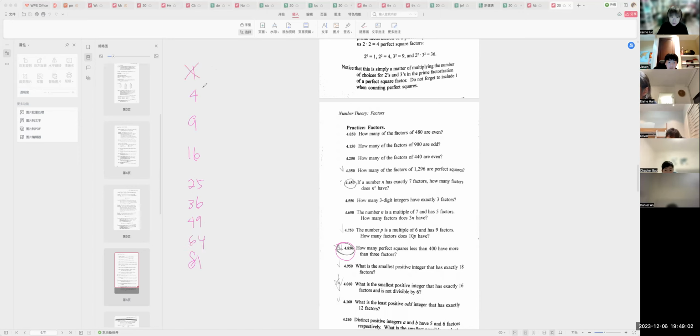So we can see 1, 4, and 9, they're nowhere, right? So this one equals 2 to the power 4. So obviously, this has more than 3 factors, correct?